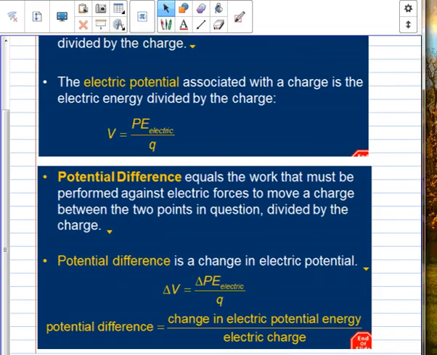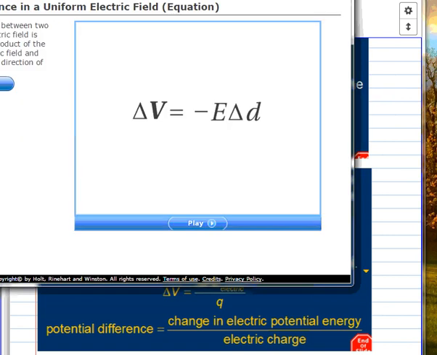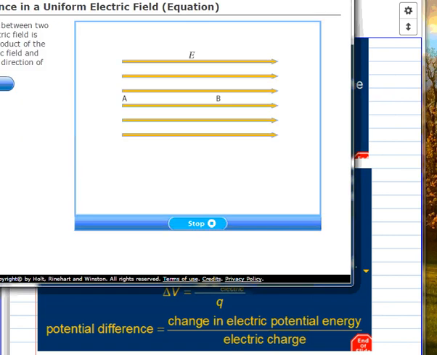So let's see a little video on our potential difference. If a positive charge is released from rest in a uniform electric field and moves a distance d, there is a change in the electrical potential energy of the charge because of its displacement. The reference point or 0 point for electrical potential energy must be chosen.